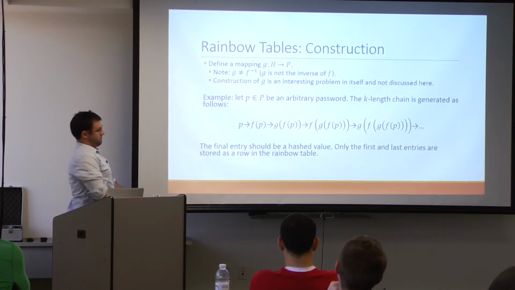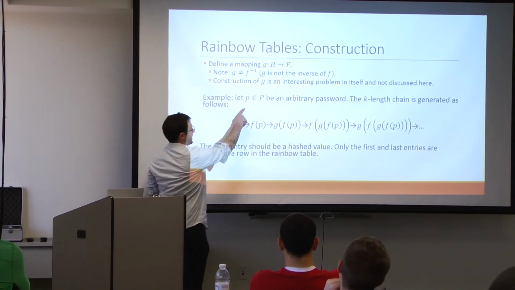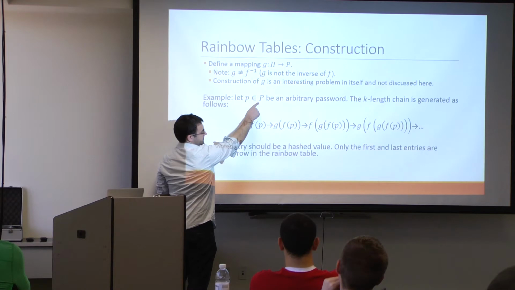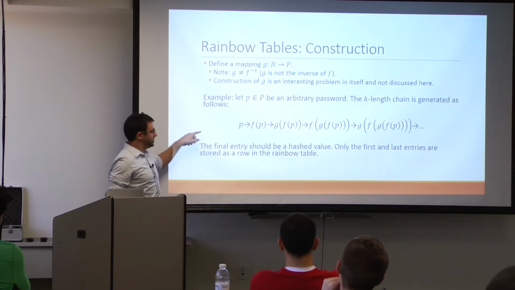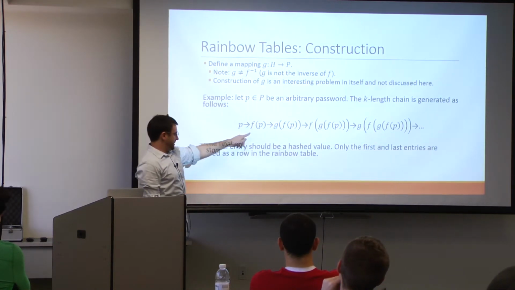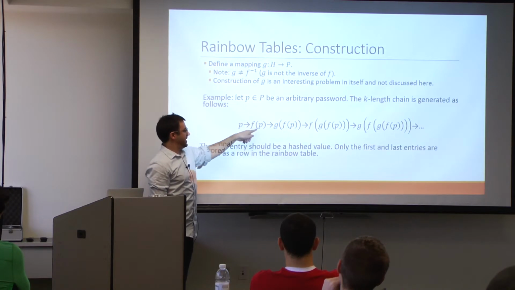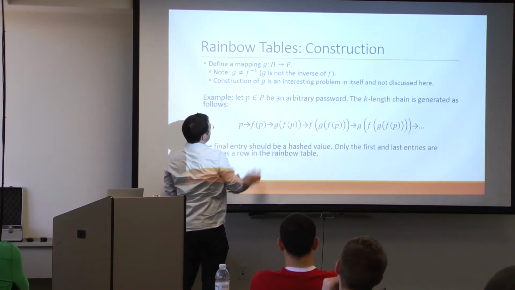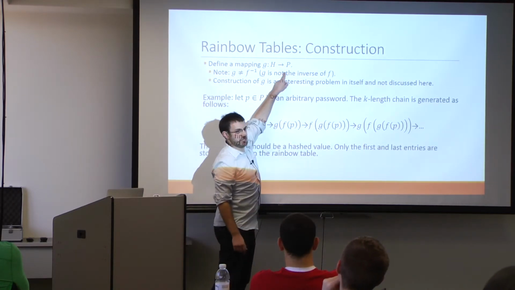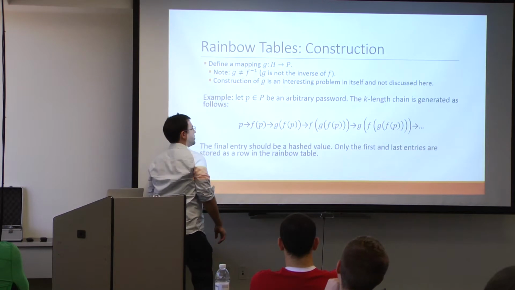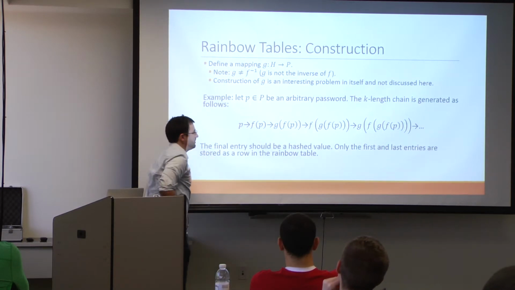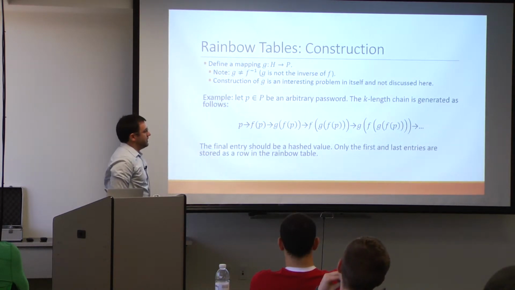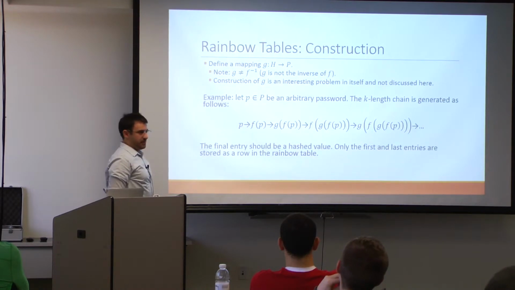And so this is an example of how we construct a chain. We pick a random password in the set of all passwords, and then we generate a chain of length k by first applying the hash function. So we get a hash value, and then we apply the reverse mapping. You have the hash value, evaluate g at that value, and you get back something that's in P. But again, note that g is not the inverse of f, because it's just an arbitrary mapping.